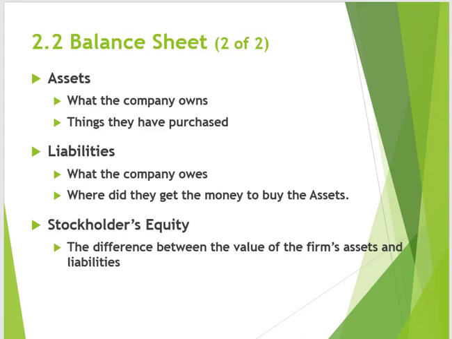The right side of the balance sheet, the other two items, merely represent where the money came from to buy those assets. So essentially, money comes from one of two places. It either comes from borrowing, from the liabilities of the company, or it comes from shareholders, from the ownership, stockholder equity in the company.